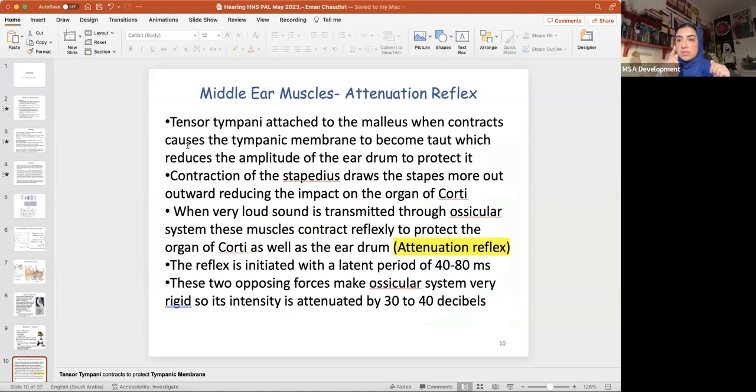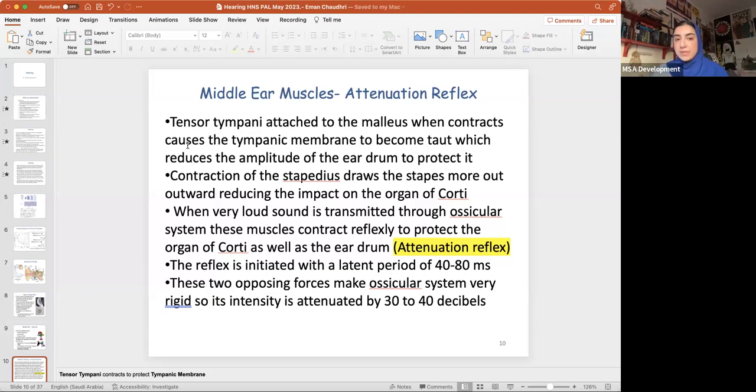Now, you have a muscle called the tensor tympani that is attached to the malleus. So this is the malleus, and this is the tensor tympani. The tensor tympani is going to pull on the malleus in a way where instead of the tympanic membrane being able to move like this, it will stay put like this. It becomes taut. Taut is a way of basically saying kind of tight.